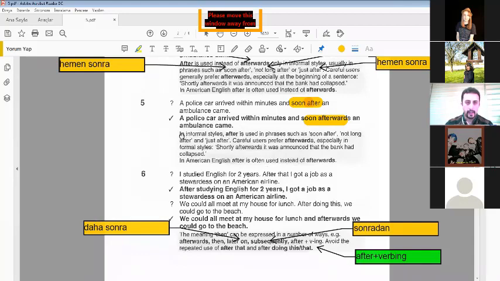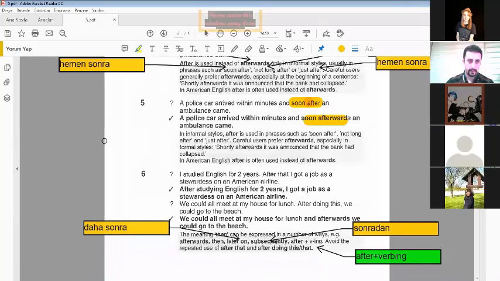Okay? And here, Pınar, please read this part.